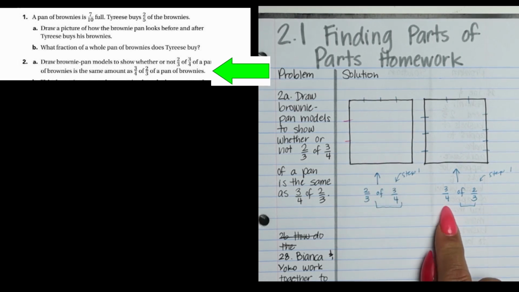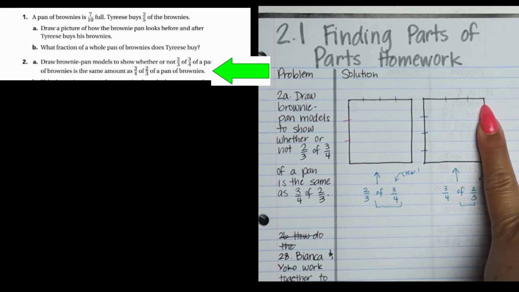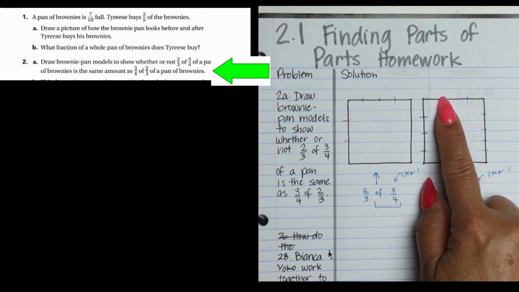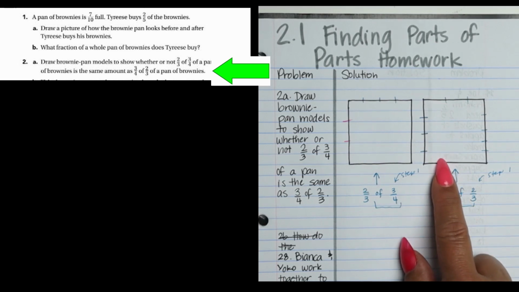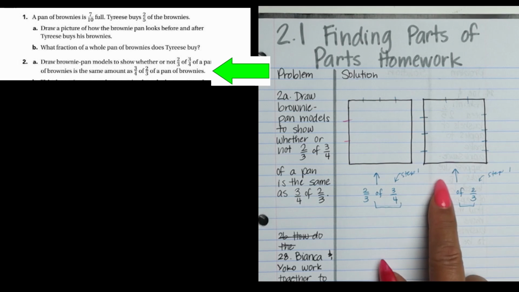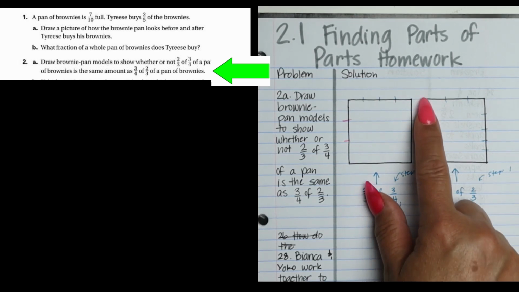For this one, I have 3/4 of 2/3. I messed up over here, so disregard this one. I make mistakes and I'm proud of it because they're learning opportunities. So I start with 2/3. So I marked my 2/3. I'm going to draw my lines for 2/3, shade that in up to 2/3, and then I'm going to mark my 3/4. So here's 1/4, 2/4, 3/4, and 4/4.